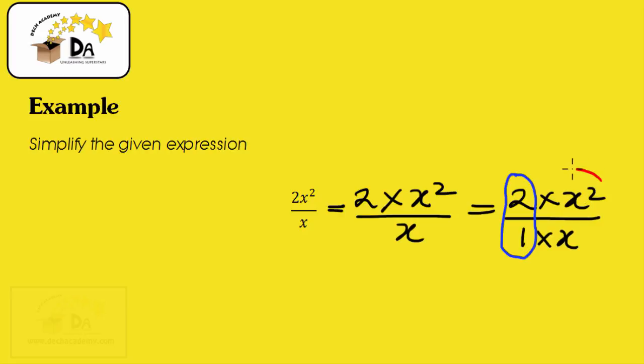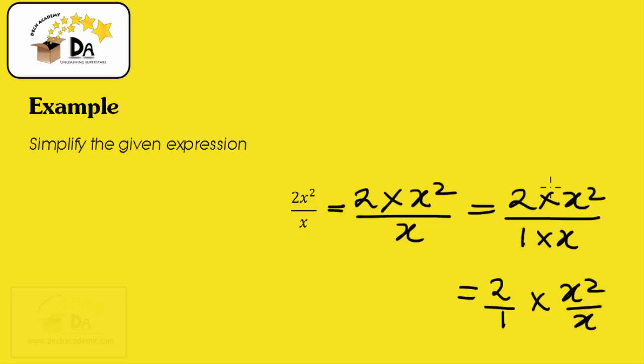It's another fraction. So the original term can be written as 2 over 1 times x squared over x. So what we're doing is writing this fraction as a product of two fractions.